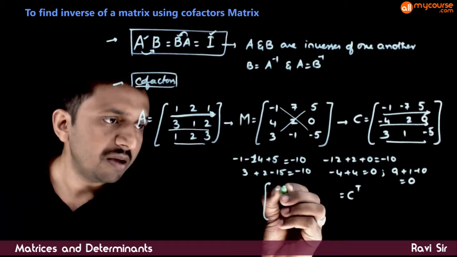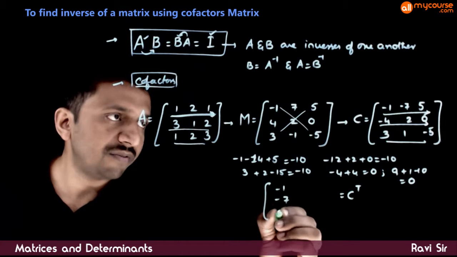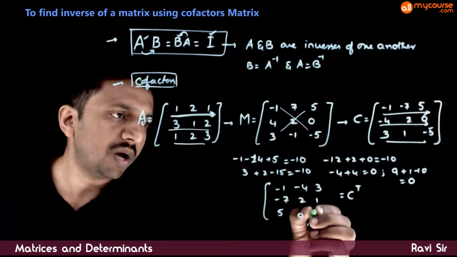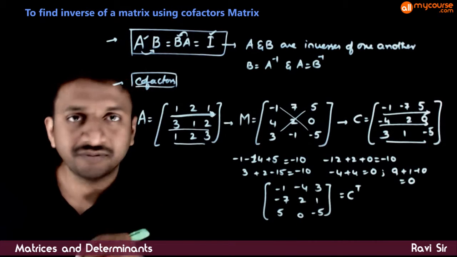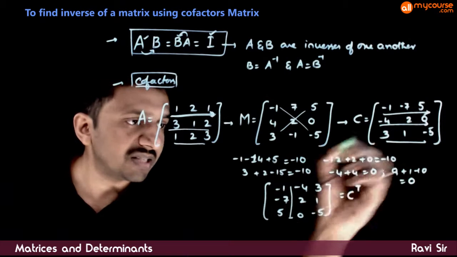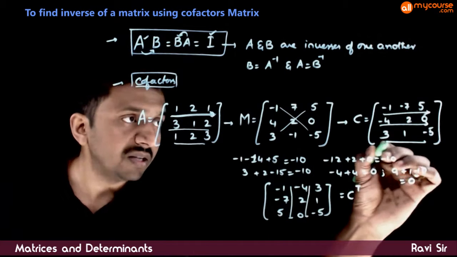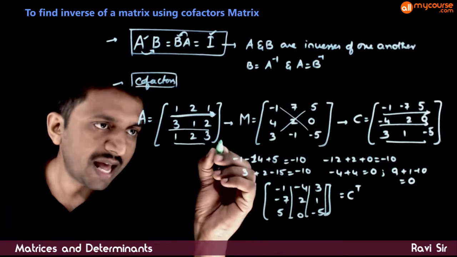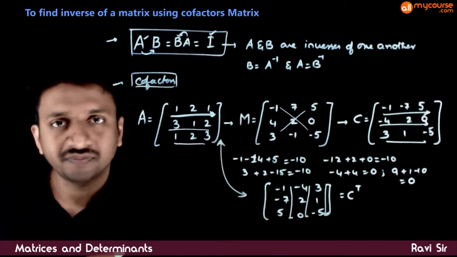This is nothing but minus 1 minus 7 5, minus 4 2 0, 3 1 minus 5. The first row of C has become the first column, the second row has become the second column, and the third row has become the third column. Now what happens if you multiply these two?